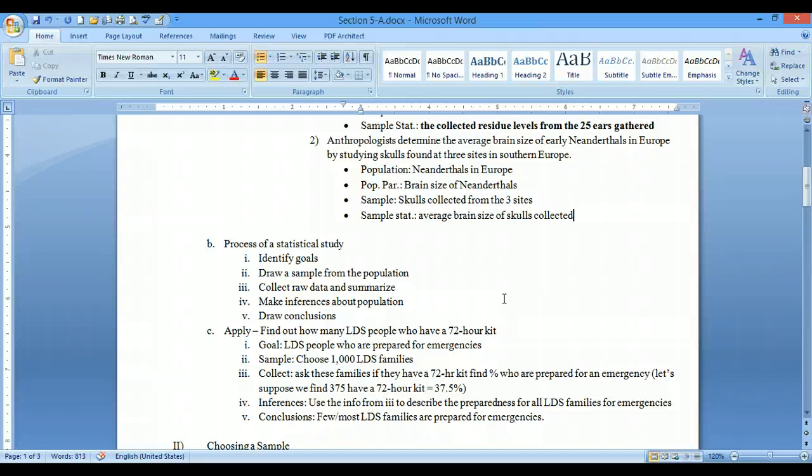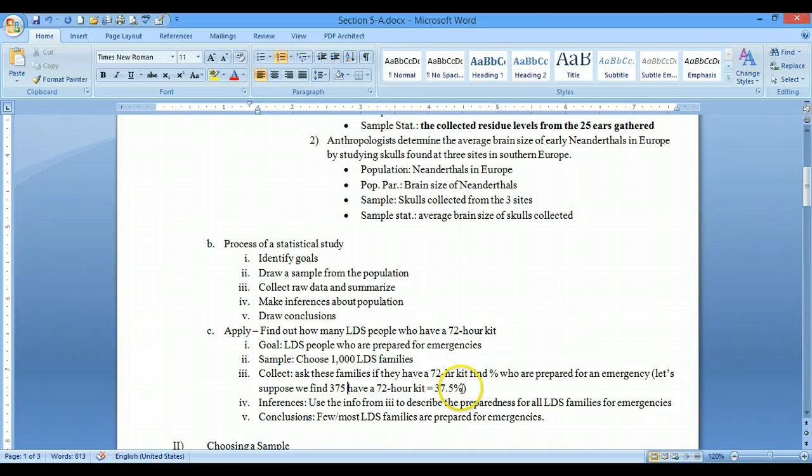And then summarize. So of these 1,000 families, I find the percent who are prepared for an emergency, and let's just say we have 375 who have a 72-hour kit. Then I make inferences. So I use the information I got from the collecting stage to describe the preparedness for all LDS families in emergencies.